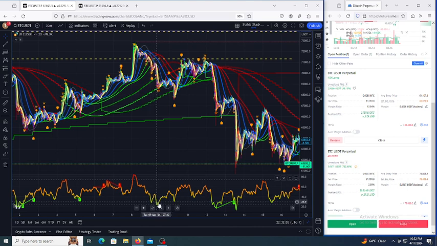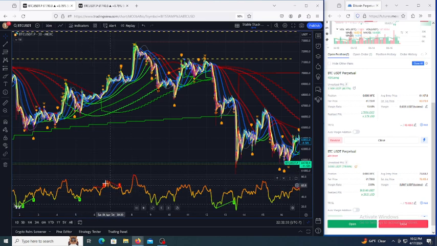Okay, this big W here, see, it made a big W, but then this smaller W was the entry. So here you got a divergence, and then the next it made a little dip right there.